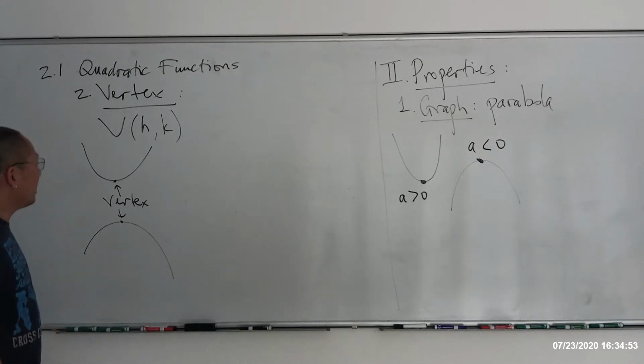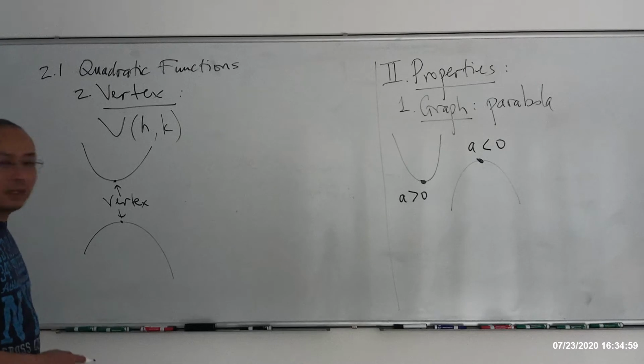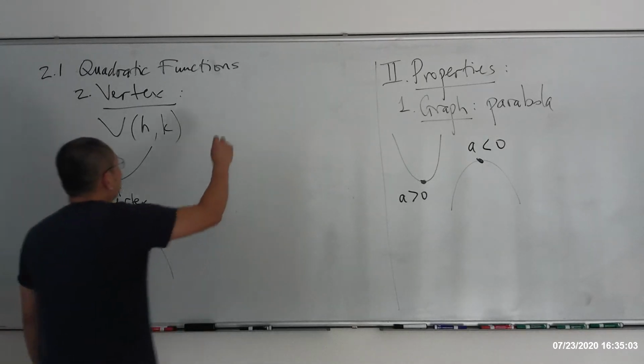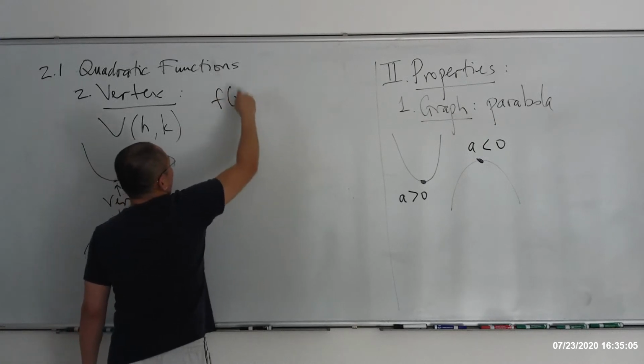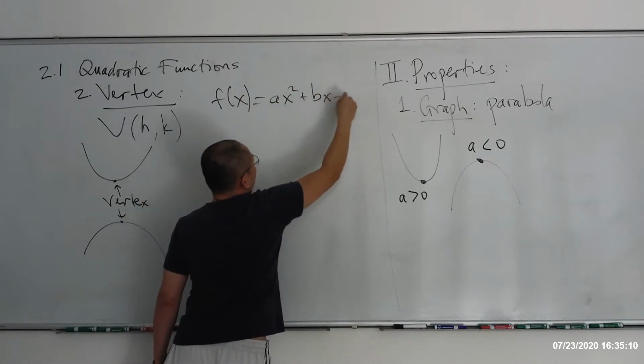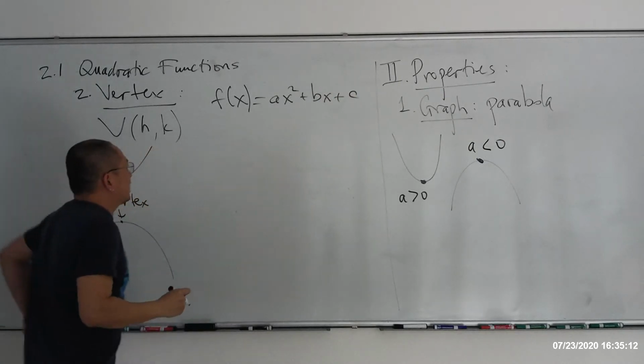The question is, if you are given a quadratic function, can you find the vertex of that parabola? And of course the answer is yes. So let me recall the function in general. f(x) equals ax squared plus bx plus c. Then the vertex is calculated this way.